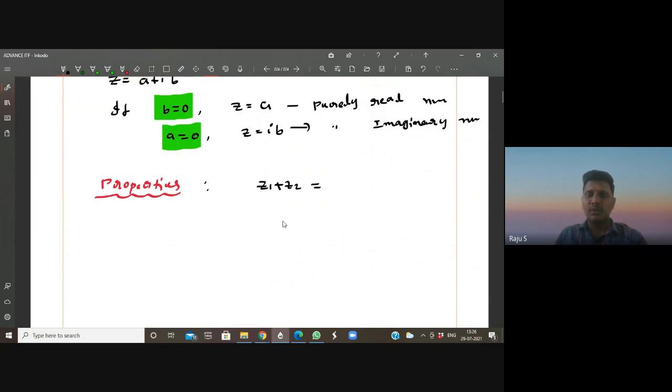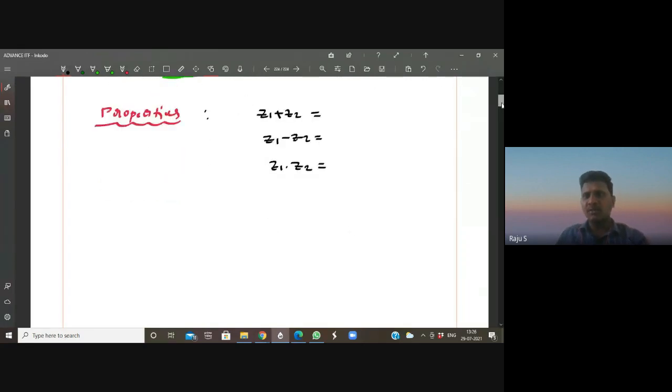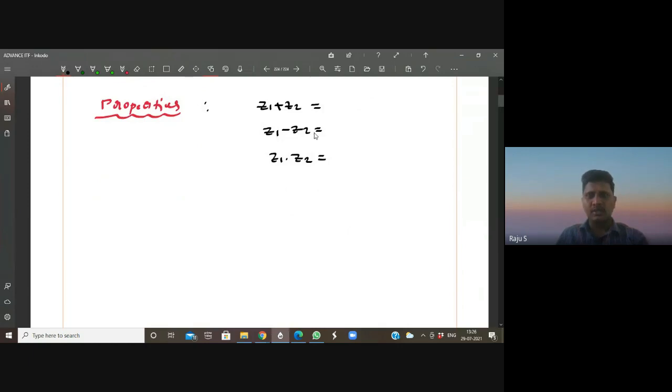We know very well how to find the sum of two complex numbers, the difference between two complex numbers, and the product of two complex numbers. Am I right, students? So everything will be easier, right? z1 by z2 also. How can you find z1 by z2? How can you change it to standard form?